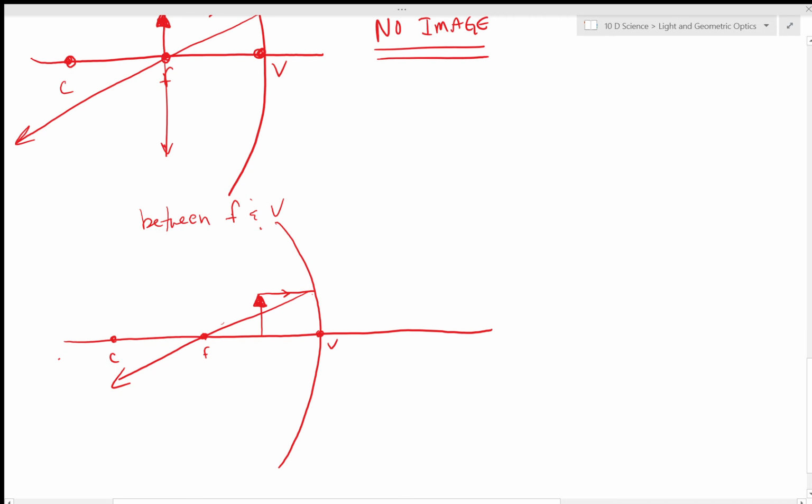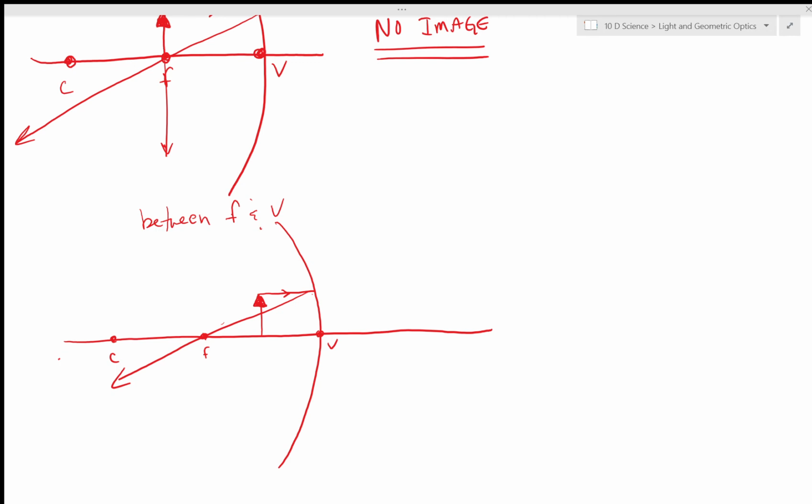However, you have to remember, back to our first lesson, that when we have an object, there are an infinite number of light rays that leave that particular point on an object, and they go in every possible direction.